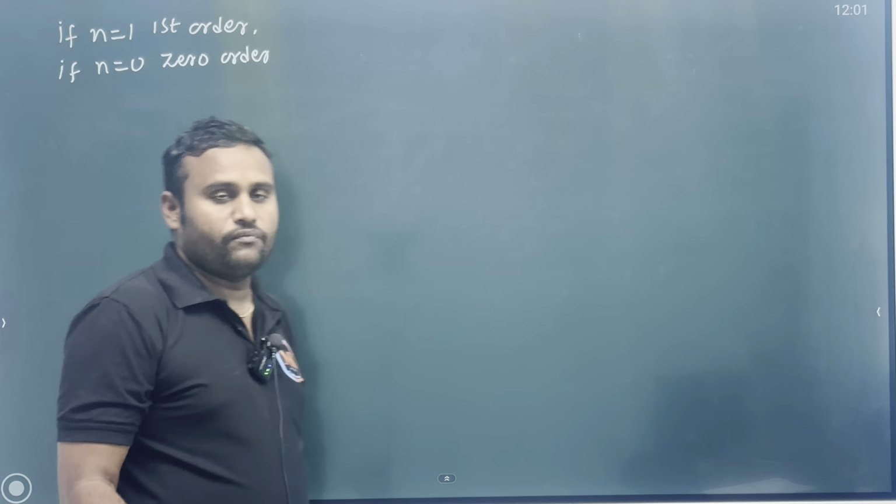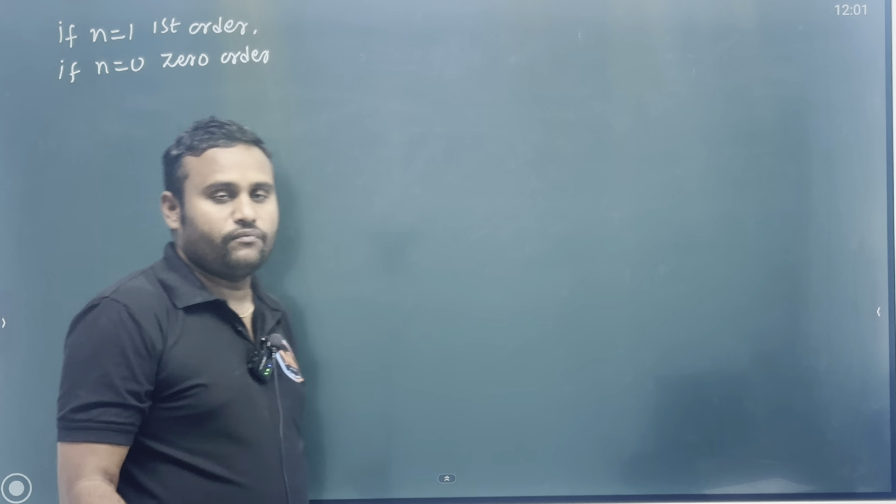So we know what the units of K are for nth order reactions: K is equal to concentration to the power 1 minus n, time inverse.